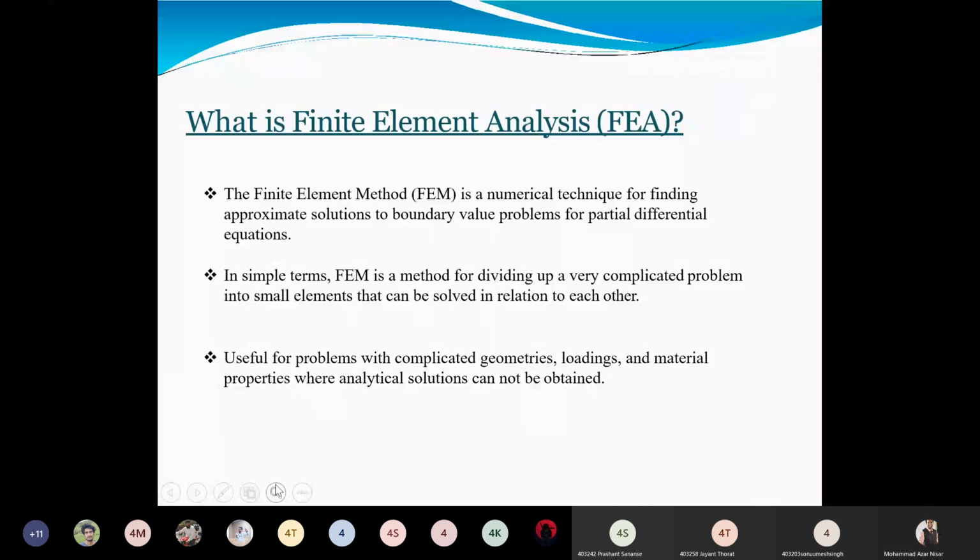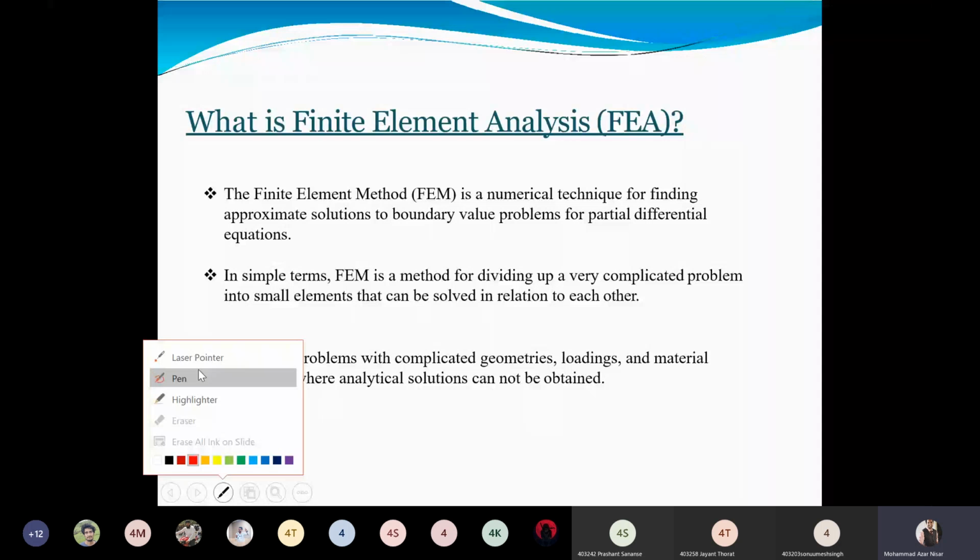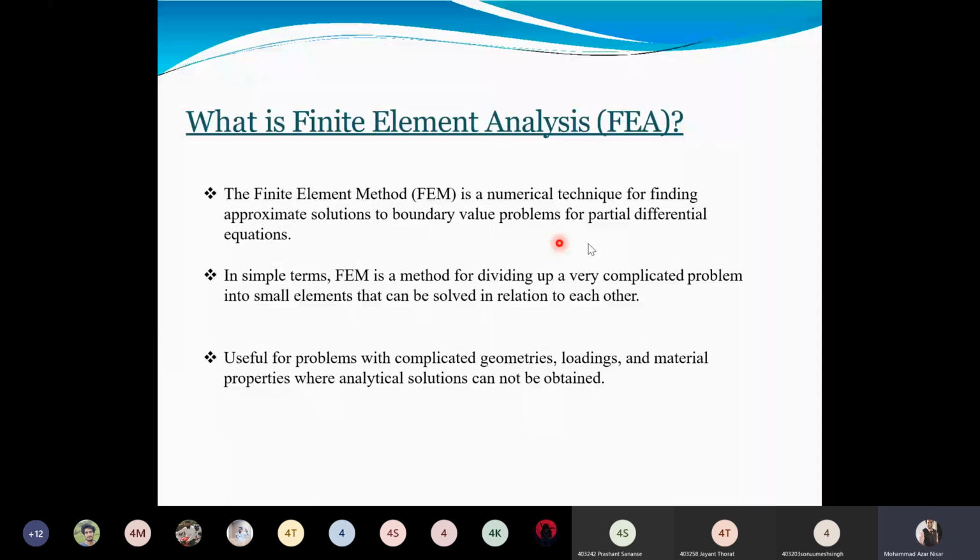There are different methods like weighted residual, Rayleigh-Ritz method, and Galerkin method for the partial differential equations involved in FEM. In this unit, the application-based topic is in CAD CAM.